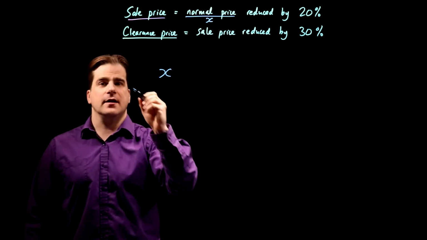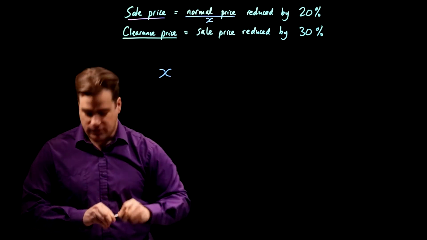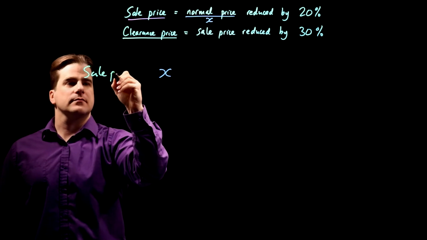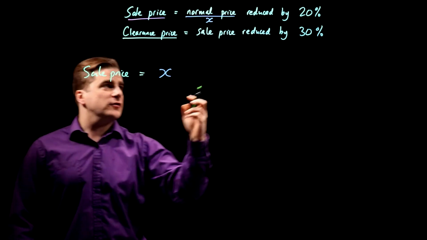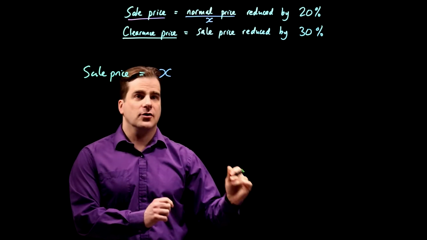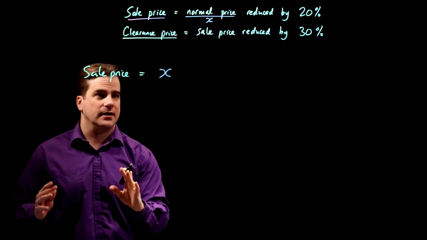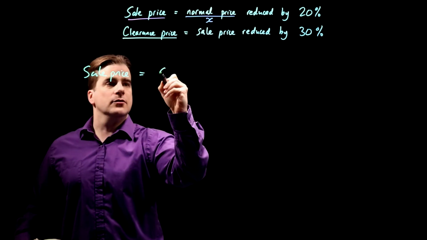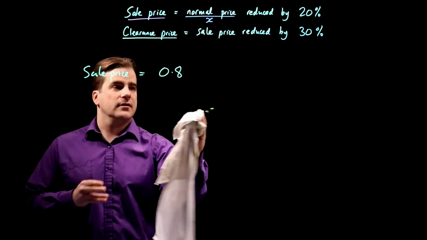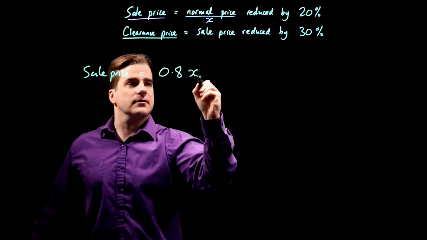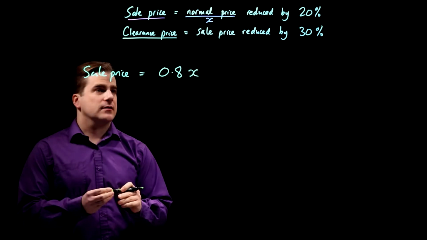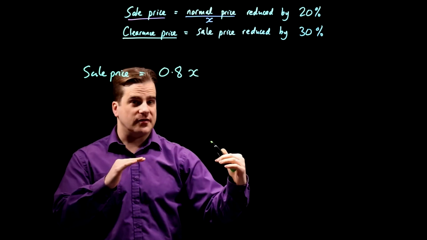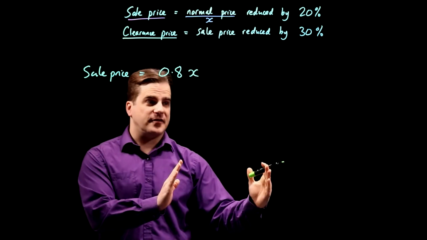So the sale price, I'll do some green. Sale price: if you're taking 20% off, you're left with 80%. So it's going to be 0.8 of X, because we're reducing X by 20%, which means you've got 80% left.